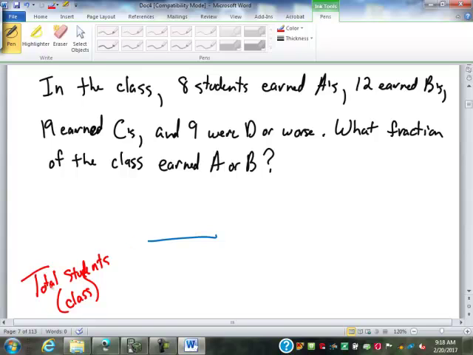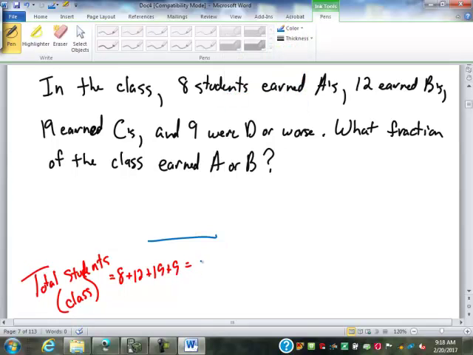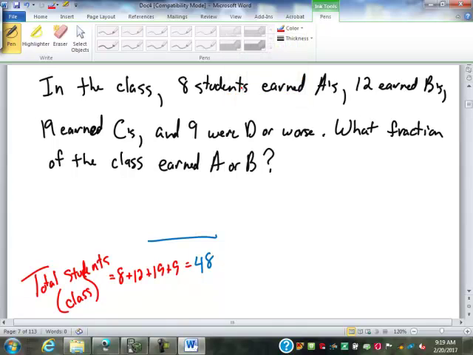So it's obviously out of the total class, the total students. And that would be found by doing the 8 plus 12 plus 19 plus 9, which gave us what? 48. And on top, perfect.